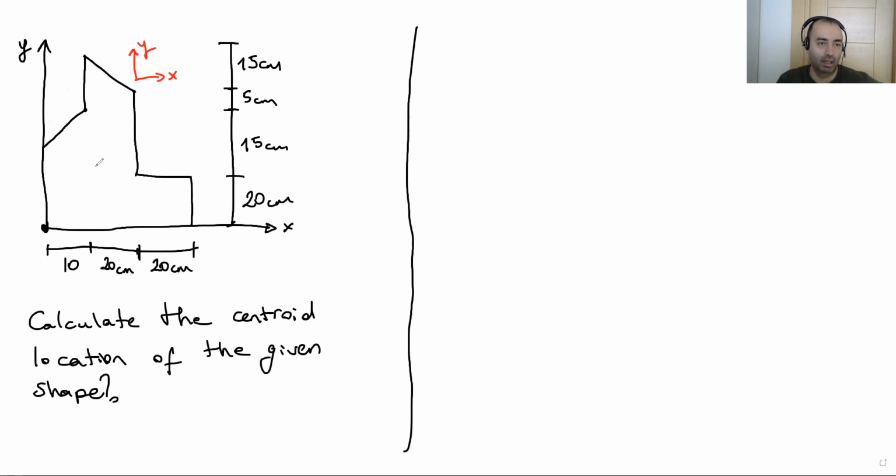So I generally prefer to work in the positive region for both axes. That's why I use this method. I put the axis system at the most left and the most bottom point. So here you can see our origin point.